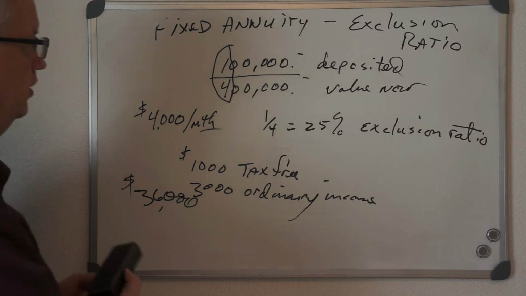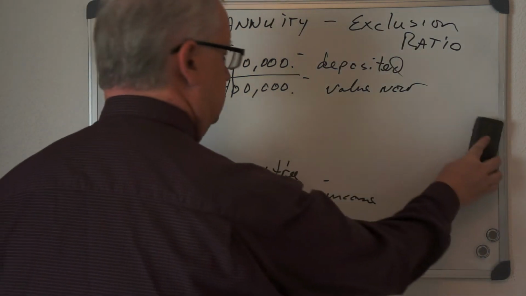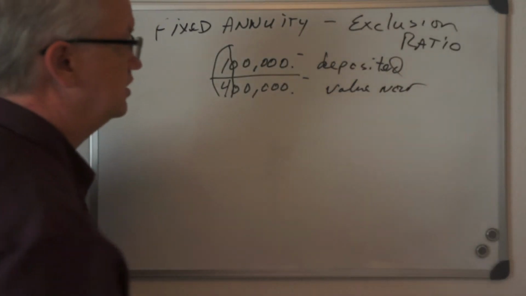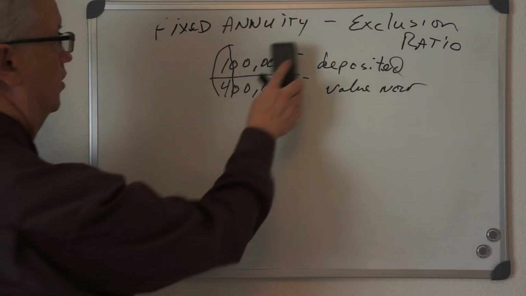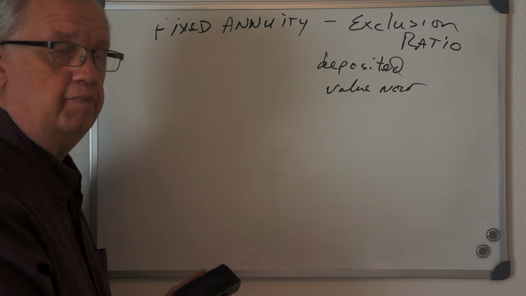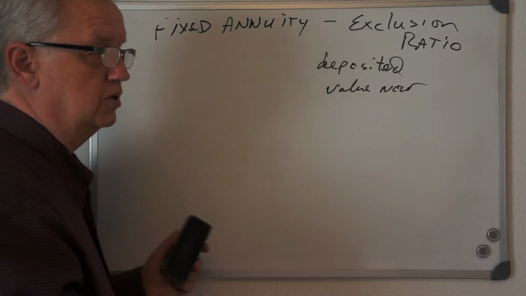A fixed annuity. Let's take the same scenario. It works the same way with last in, first out on just a withdrawal. The growth comes out first.